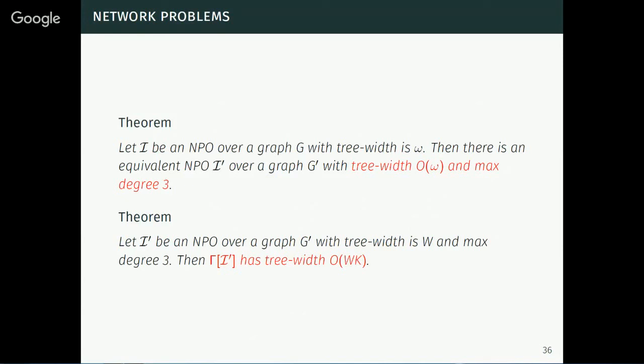So again, you just split them and reformulate the problem, and you get something that has small tree width. For example, in the AC-OPF problem, what we're doing is transforming the AC-OPF problem into some equivalent problem that is actually not an AC-OPF problem, because we will have some equations that are not related to current and whatnot. But it will be equivalent, and if the original problem had small tree width, the new one will have small tree width as well.